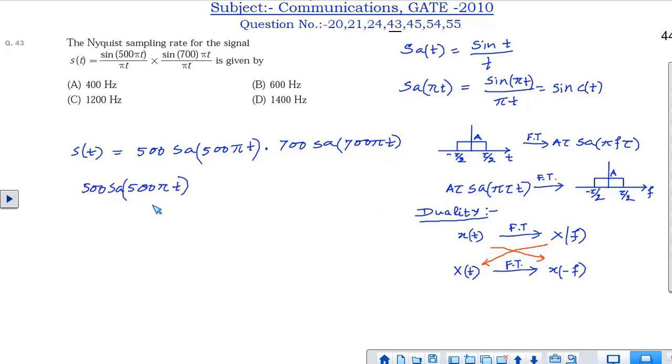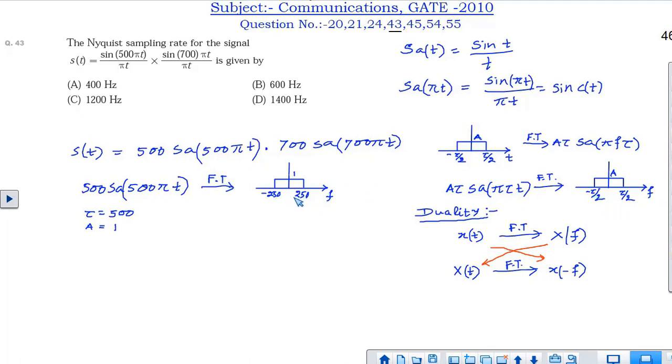So what will be the Fourier transform of 500 sinc(500 pi t)? Here tau is simply equal to 500, because pi is there, t is there, so tau is simply 500 and this is nothing but A tau. As tau is already 500, so A is simply 1. Hence the Fourier transform will become tau by 2.